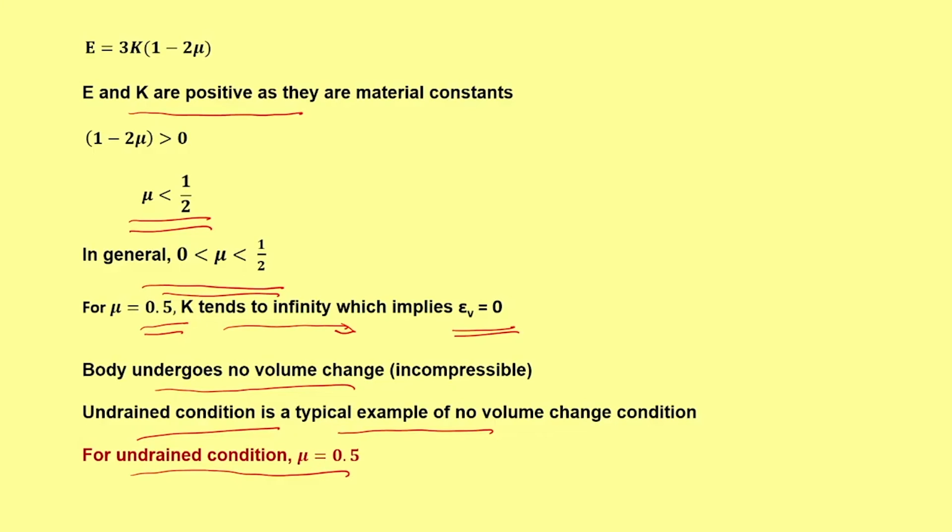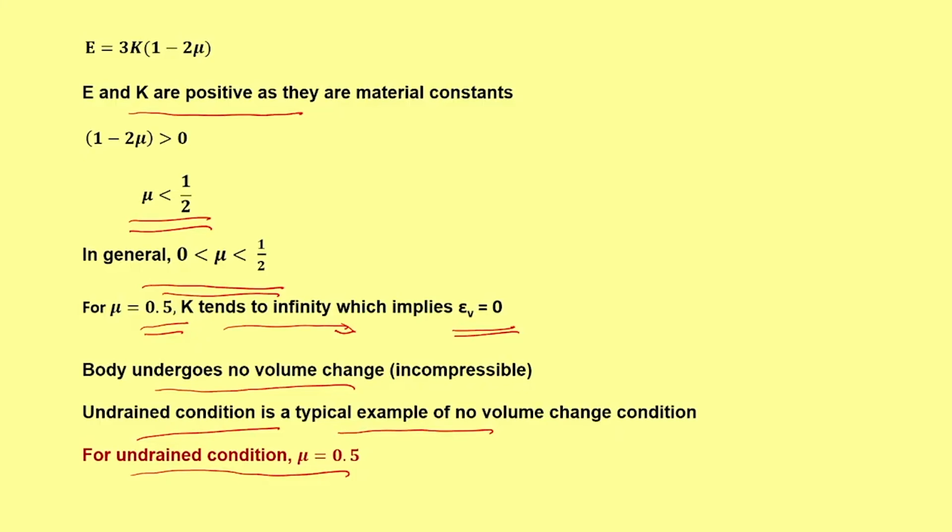So, the whole discussion is basically for that. So, in geomechanics we actually refer to the mu value from 0.1, 0.2 to 0.5. For purely undrained case for soils, undrained loading, one can always presume mu is equal to 0.5.